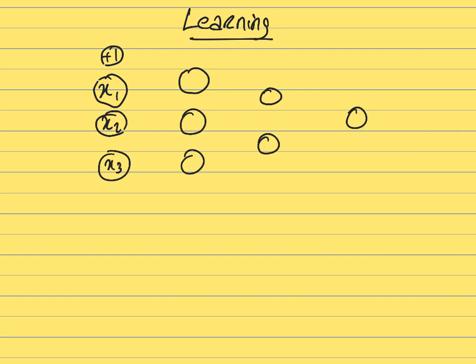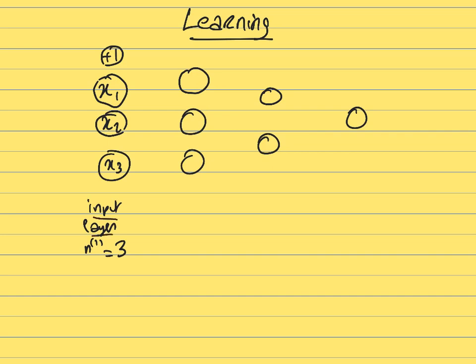In this case, we are going to write n1 for the number of neurons in the first layer. So you have 3 neurons in the first layer plus the bias.